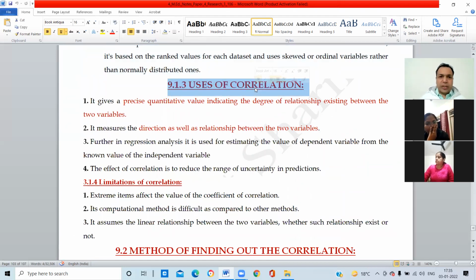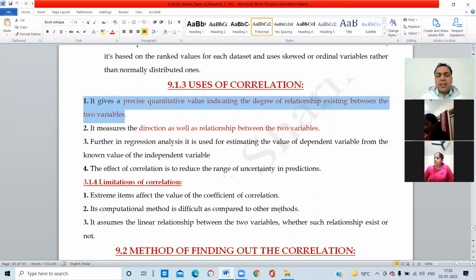Next, we talk about the use of correlation. Number one, it gives a precise quantitative value indicating the degree of relationship existing between two variables. It tells how much variation there is between the two variables. In a simple example, suppose one watch is giving the time five minutes late. In the morning the watch is 5 minutes late.